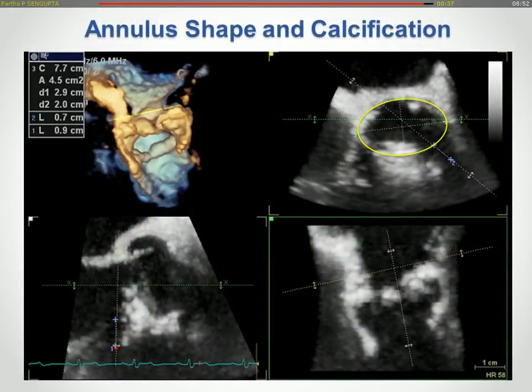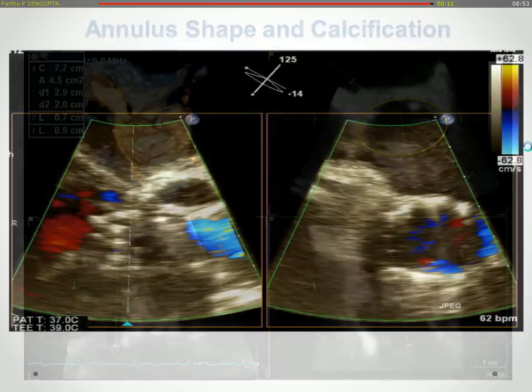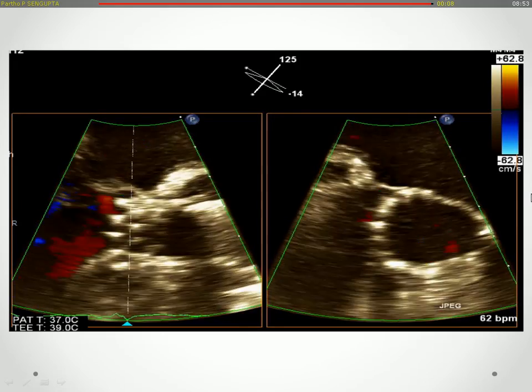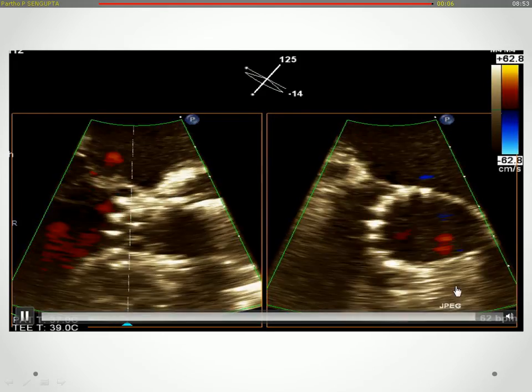Now some more considerations about the annular shape and calcification. Using TEE, what we have recognized is that it's quite dynamic to get some of this information, and this is the incremental value that you can provide during the procedure. Here you can see a patient who has got a really elliptical annulus and a lot of projecting calcific spurs. And these calcific spurs can lead to malalignment and subsequently be responsible for the development of paravalvular regurgitation.